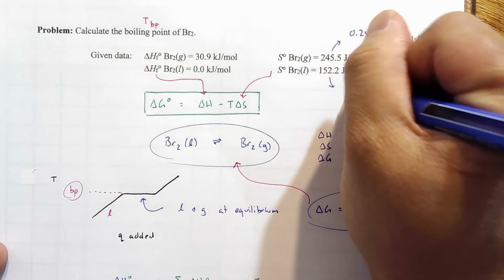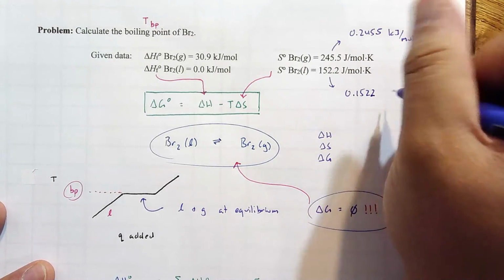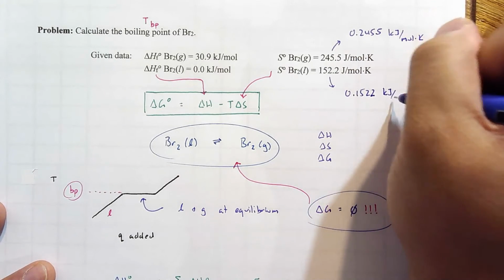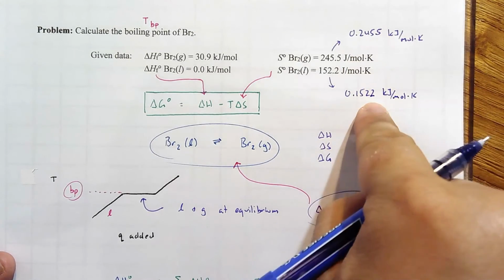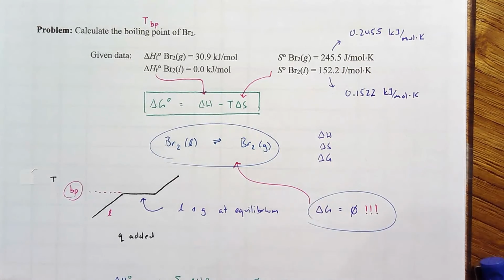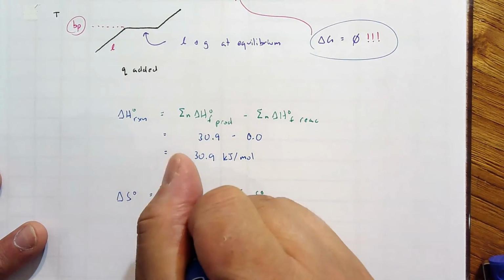And this one is 0.1522 kilojoules per mole K. Products minus reactants. All right, let me do that down here. It'll be interesting.